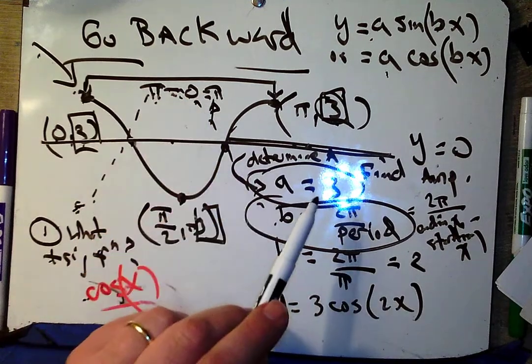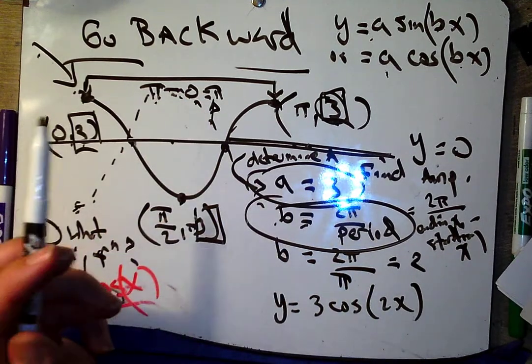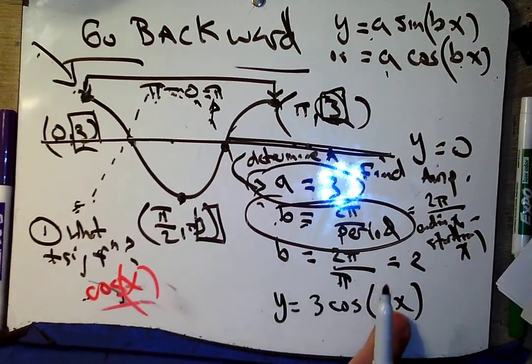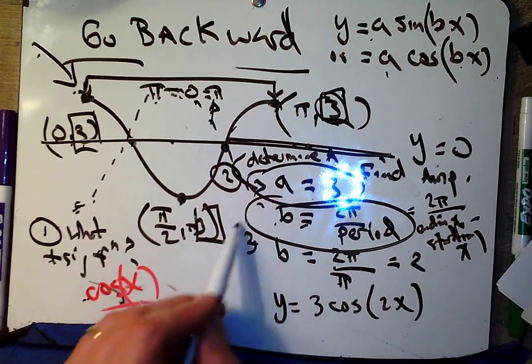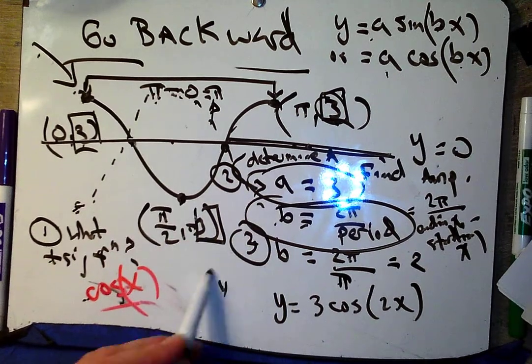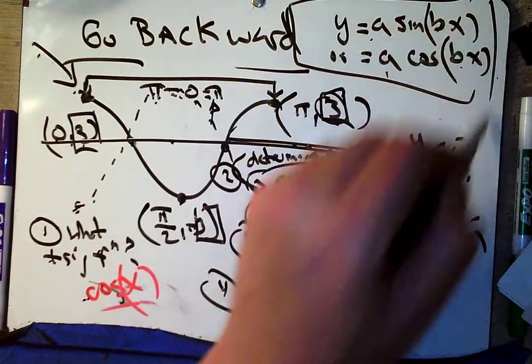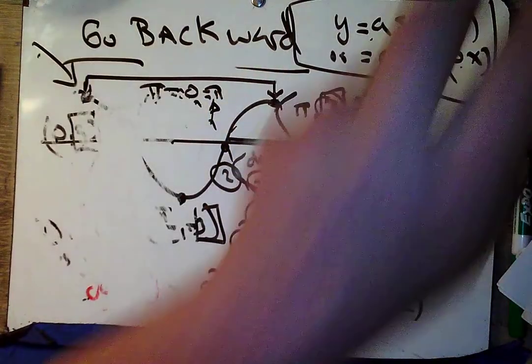Pi minus 0 is going to be my period. Pi minus 0 is pi. So we had 2 pi over pi, or 2. So I'm going to find an a value, I'm going to find a b value, and I'm going to plug both a and b in to one of these forms. Okay? All right. So let's try another one.